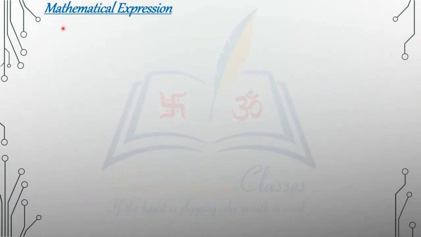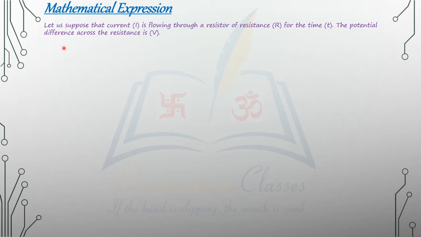Let's derive its mathematical expression. Let us suppose that current I is flowing through a resistor of resistance R for a time t. The potential difference across the resistance is V. V is equal to W by Q, where W is work done and Q is charge.